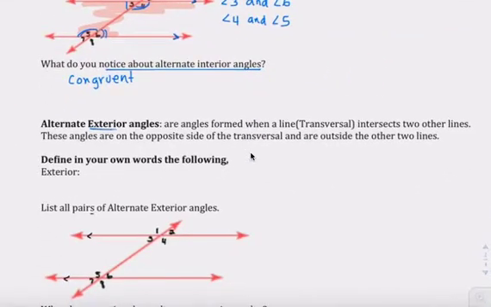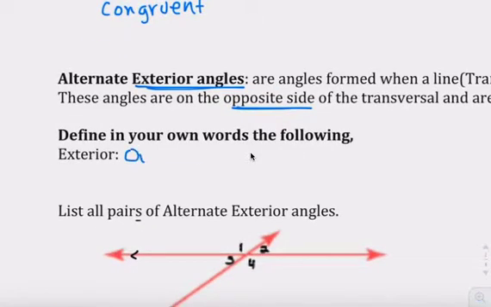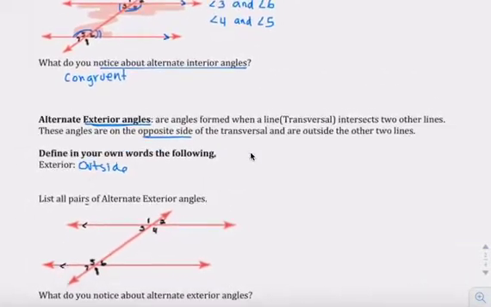Alternate exterior. Alternate means the opposite side or the other side. Exterior is the outside. These are angles formed by a transversal line intersecting two other lines.